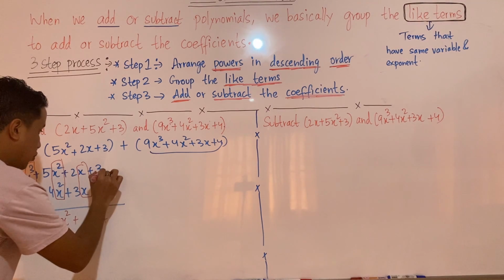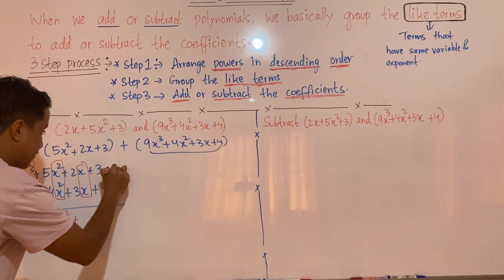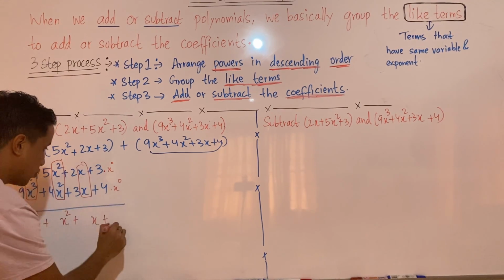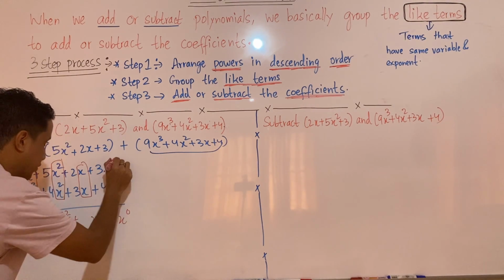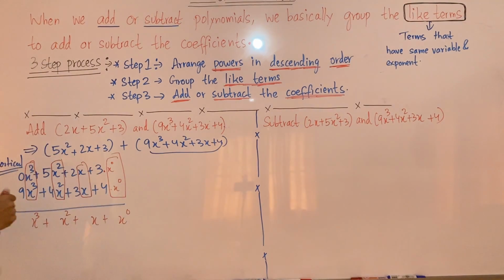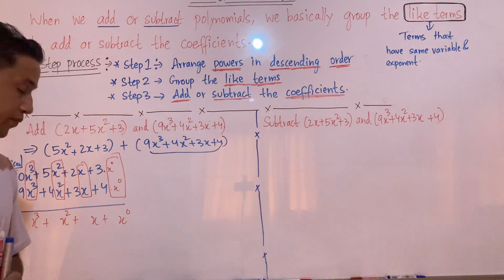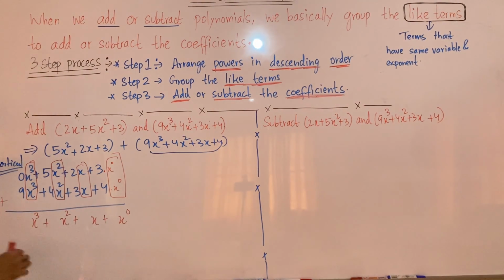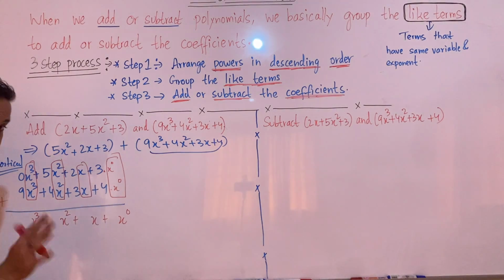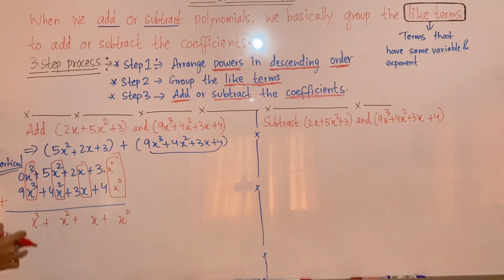So you won't mind if I say x0 here. Do you agree? All right, now once the like terms are grouped, then you simply have to add the coefficients.